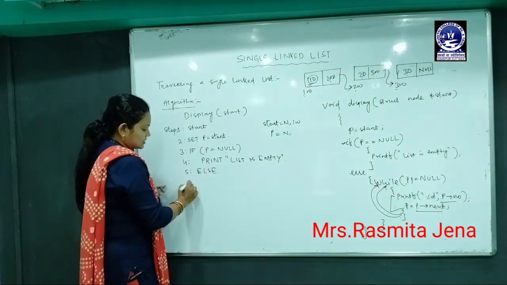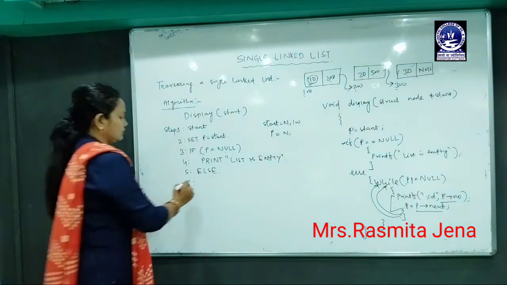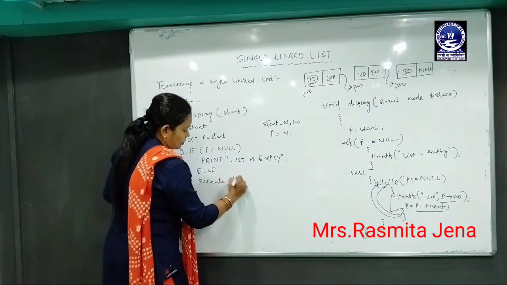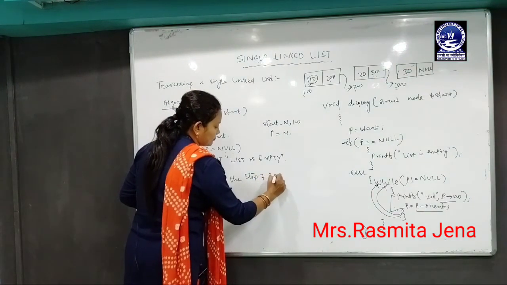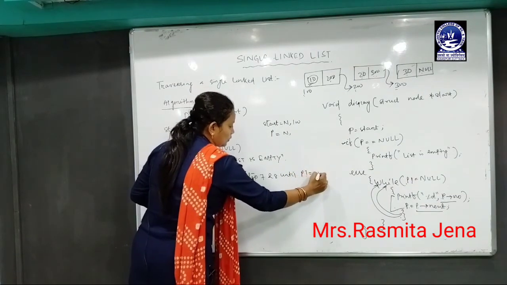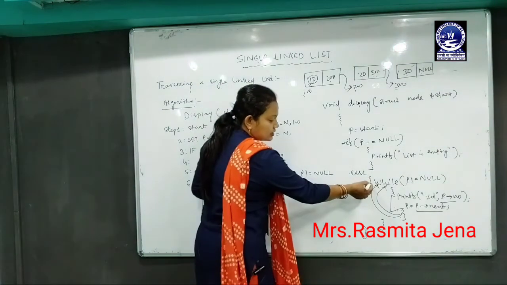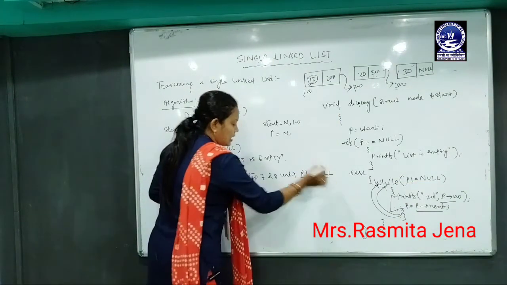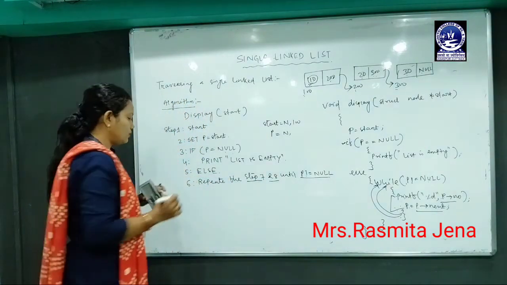In the else part, I will execute a loop, or I can write repeat the step 7 and 8 until P not equals to null. You can see this is the condition. We will execute these two statements until this condition is true, and we will execute step 7 and 8 until P not equals to null.